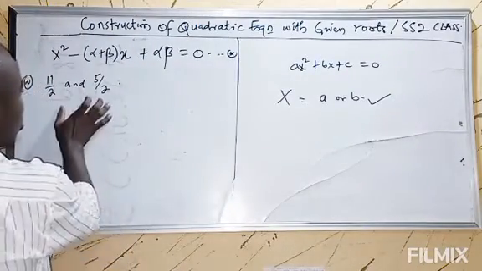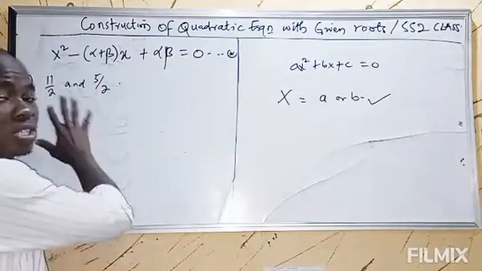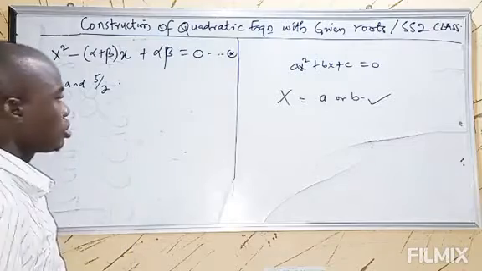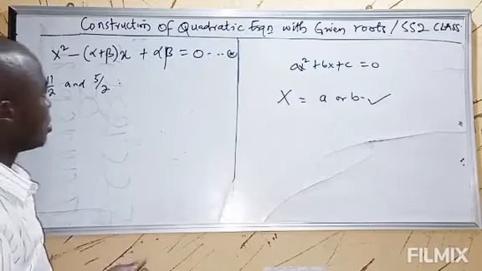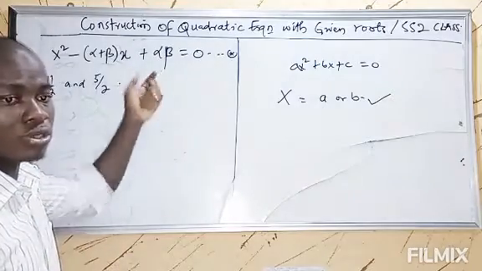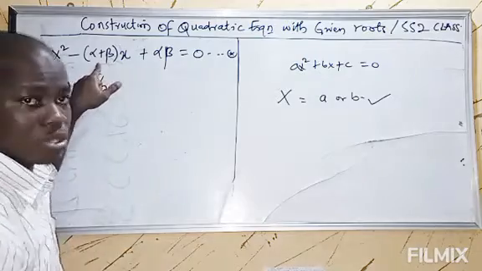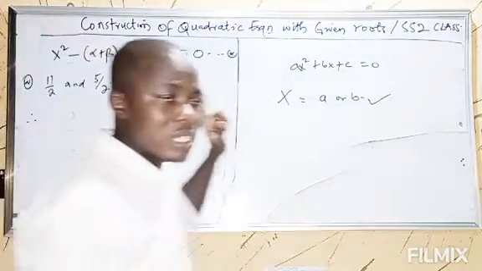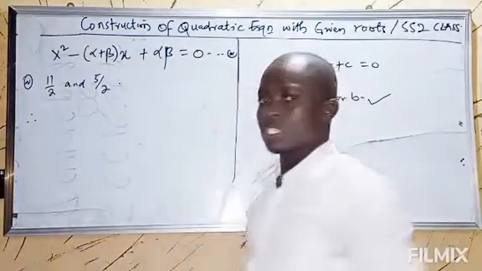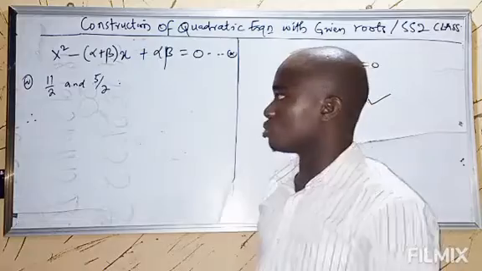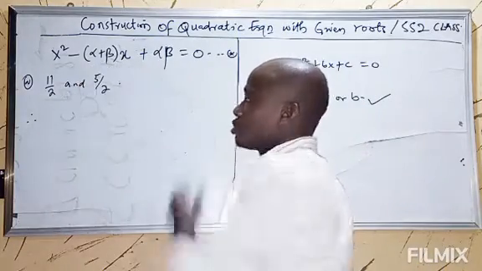We now want to construct the quadratic equation that possesses these two roots. From the equation we have, we are going to bring out alpha plus beta, which simply means the sum of the roots, and alpha beta, which is the product of the roots. So we are going to find the sum of the roots and the product of the roots.